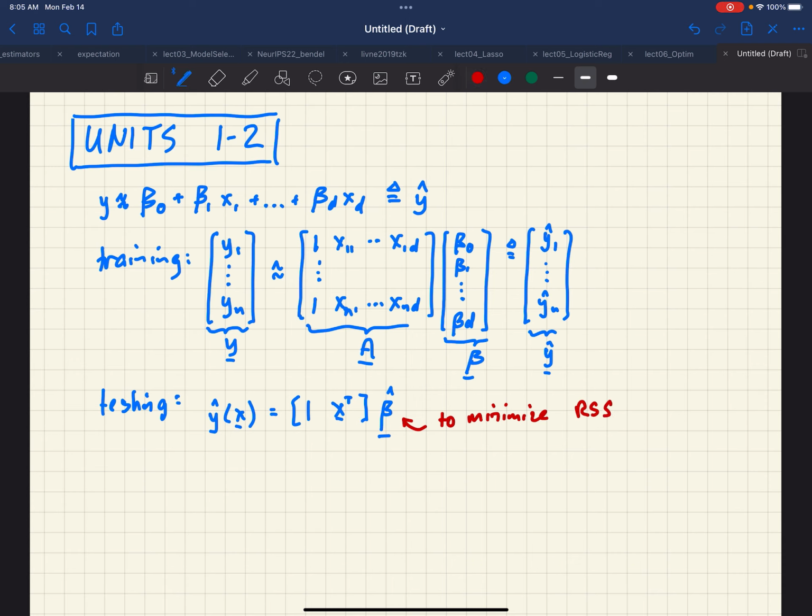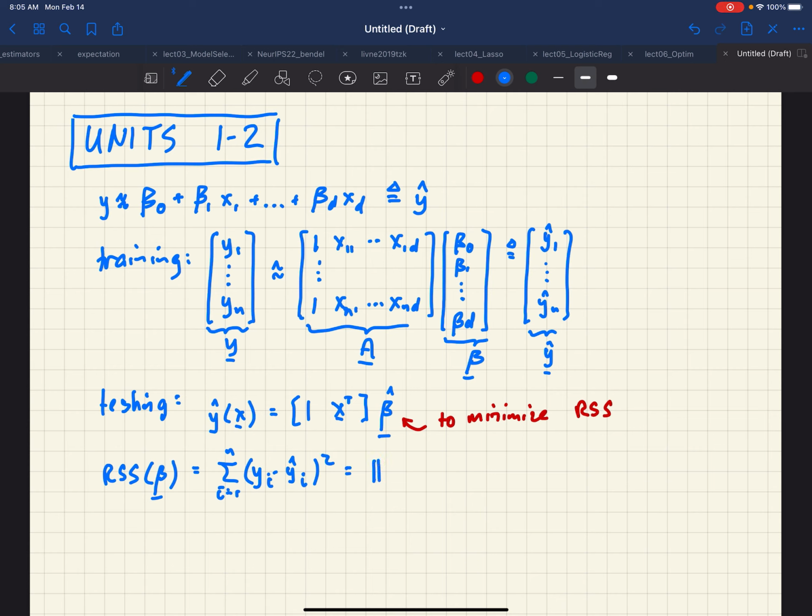And so what is this RSS? RSS is a function of beta now. This is the sum over our training samples of the squared difference between the target and its prediction.